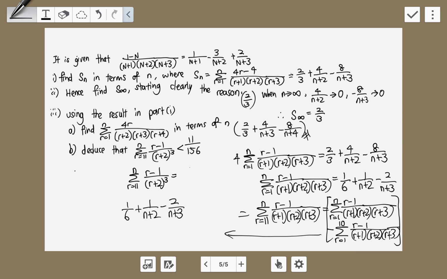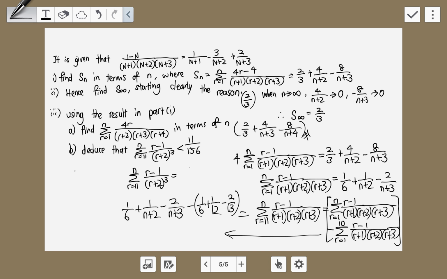So this is the same formula as this, except the n is changed to 10. That means I will minus away 1 over 6 plus 1 over 10 plus 2, so plus 1 over 12. Because of this 10, then minus 2 over 13. So minus 2 over 13 over here. Okay, so this is my expression.